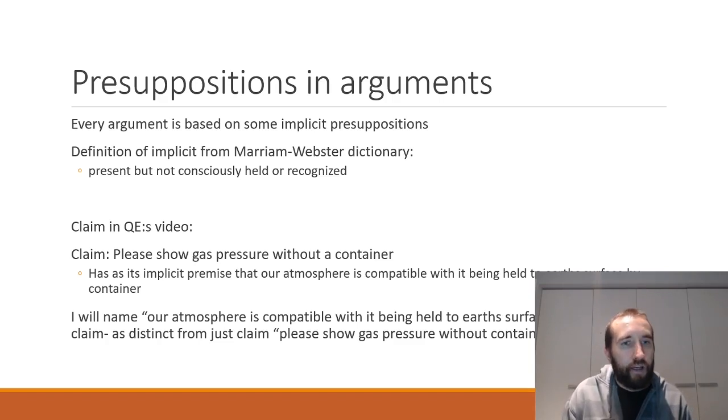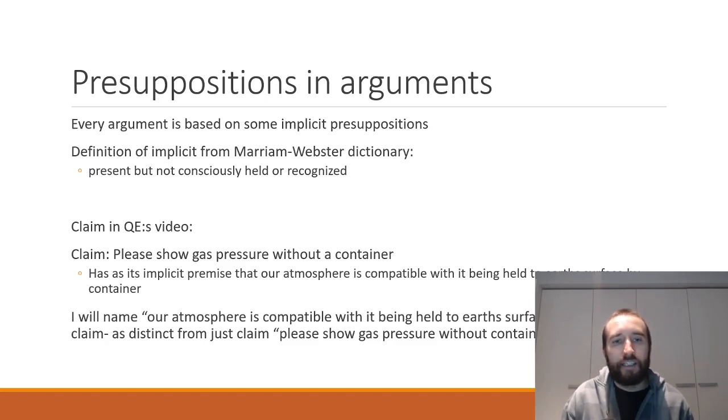And now we can use this to analyze the claim in GUE, meaning quantum eraser's video, and the claim, please show gas pressure without a container.